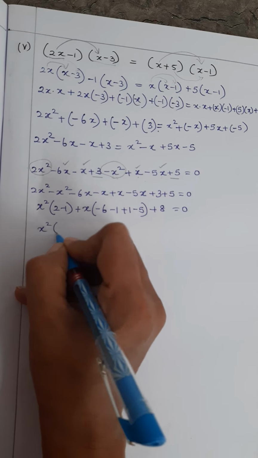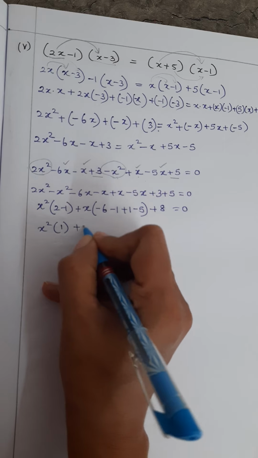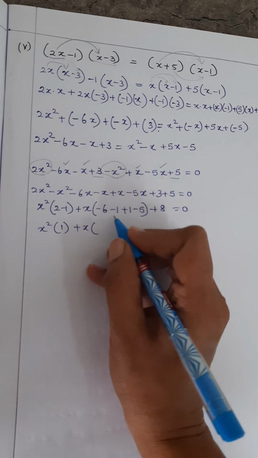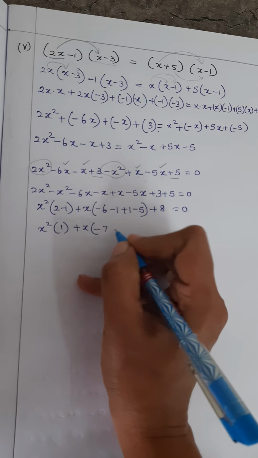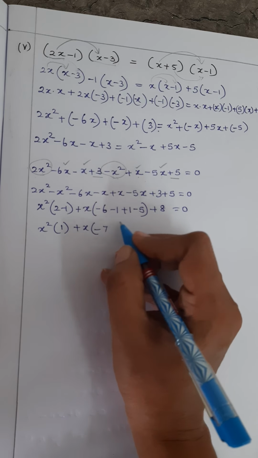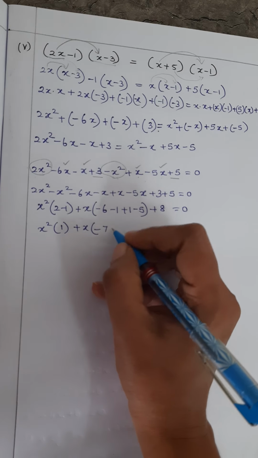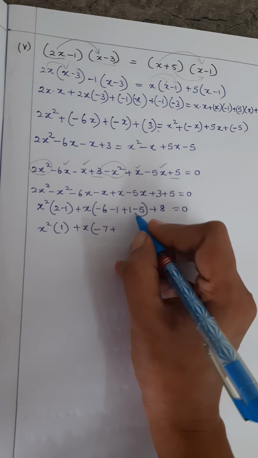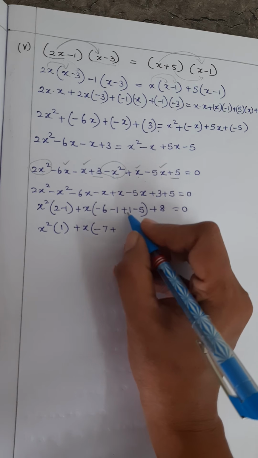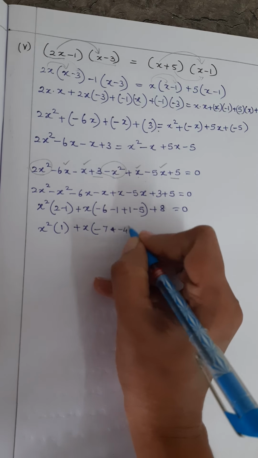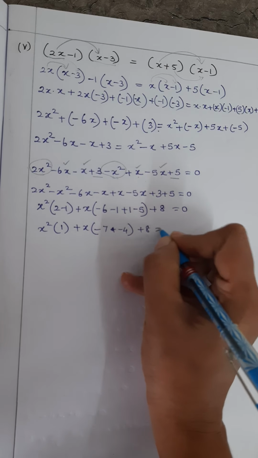Now x square into what is 2 minus 1? 1, plus x into, so minus 1 minus 6 is minus 7, because the sign is same, so we should add. Okay, minus 7 plus 1 minus 5. Okay, so what is plus 1 minus 5? It is minus 4. So you can write minus 4 here, plus 8 is equal to 0.